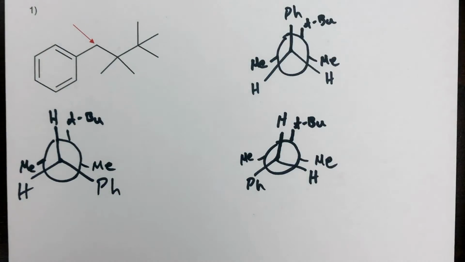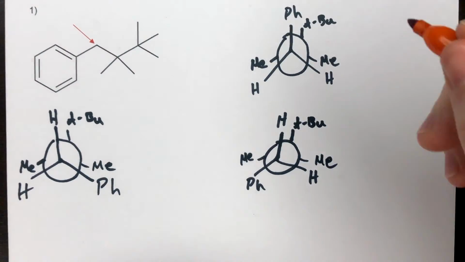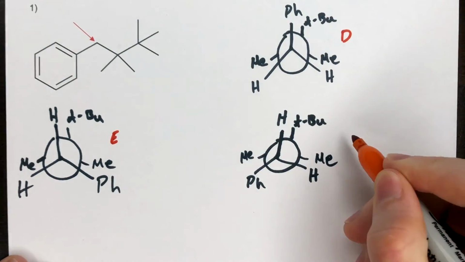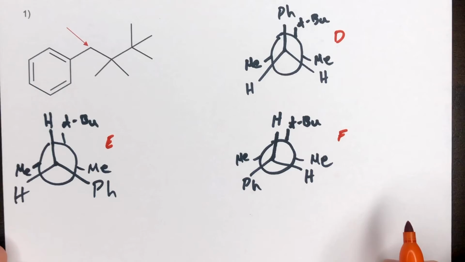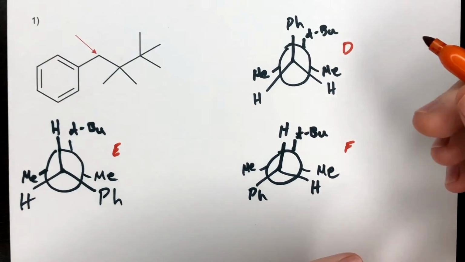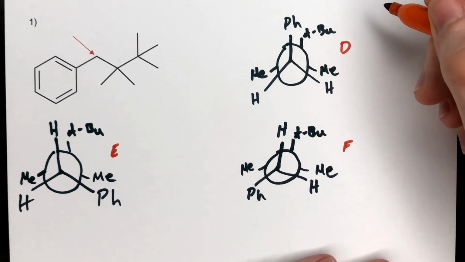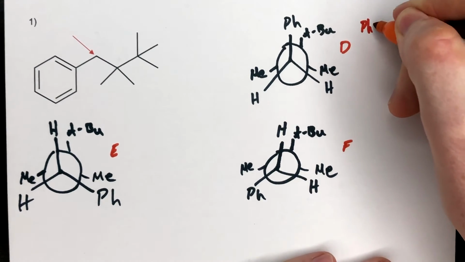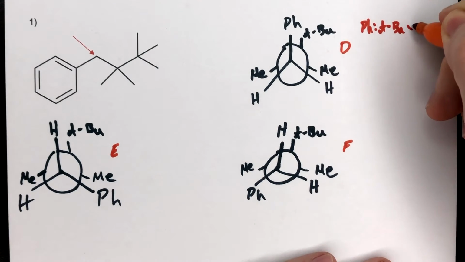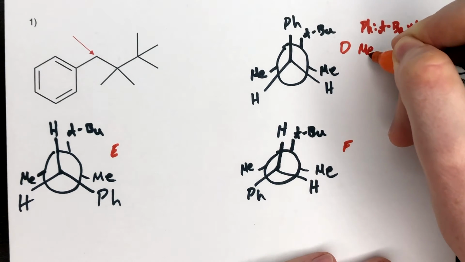Now let's call this D and E and F to differentiate it from the A, B, C staggered ones that we just did earlier. So we have three interactions in each of these. In the first one, we have a phenyl T-butyl eclipsing, only one of those, and then two methyl hydrogen eclipsing.